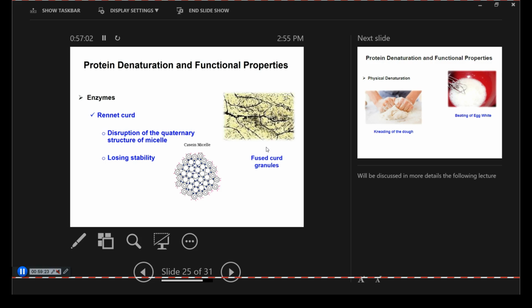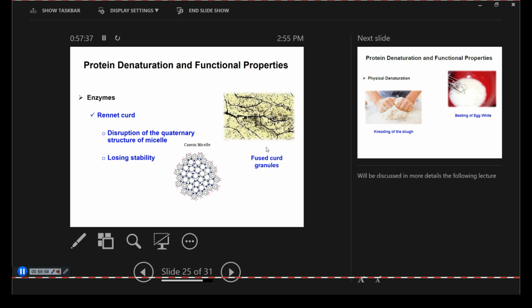It is stable in milk. Why? Because you have the kappa casein mostly on the surface, and a strand of the kappa casein is glycosylated and very, very hydrophilic. Because of that, the kappa casein orients itself in this quaternary structure to the outside. These negatively charged, very hydrophilic, glycosylated components of the kappa casein interact with water and keep the casein micelles suspended in milk.